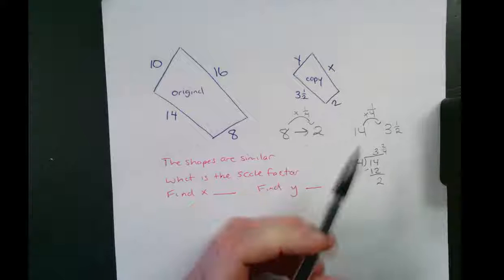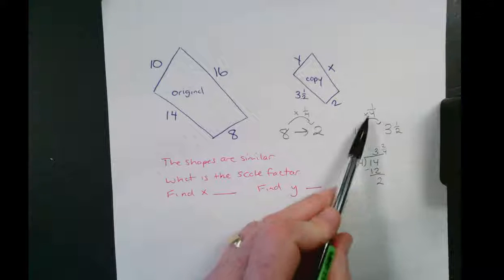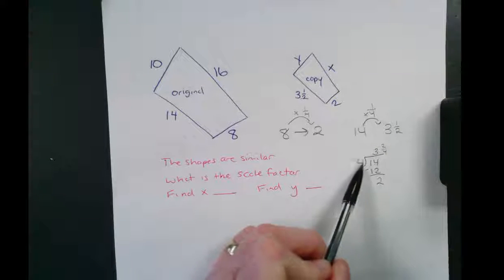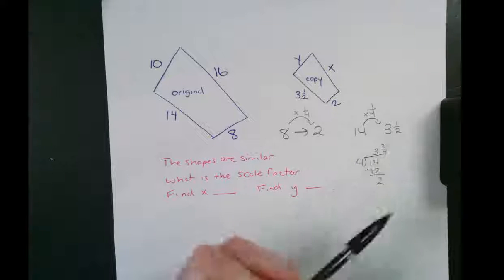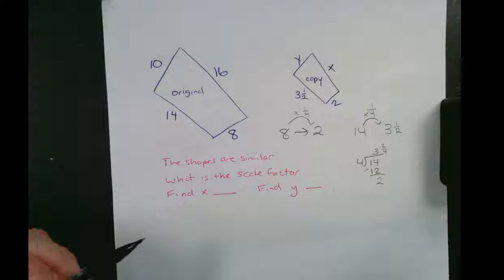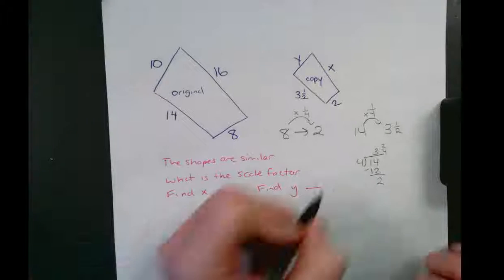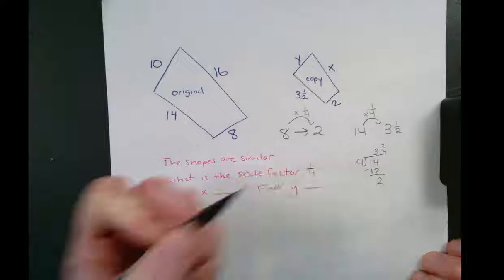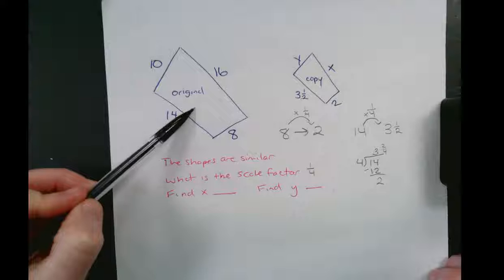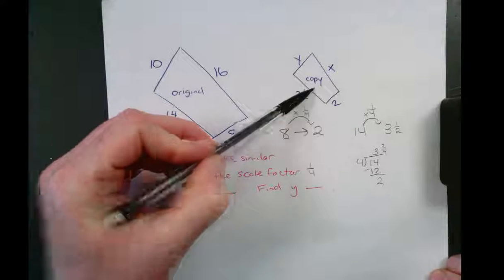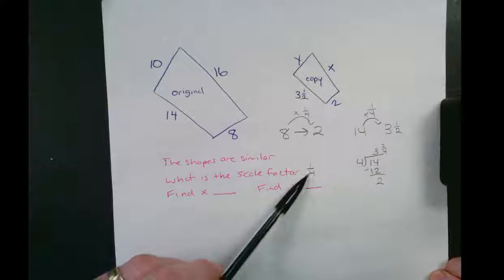So it looks like 14 times 1/4, which is the same as 14 divided by 4, is 3 2/4, which is 3.5. Okay, so the scale factor here is 1/4, which makes sense because the original is getting smaller. So my scale factor is going to be a number less than 1.